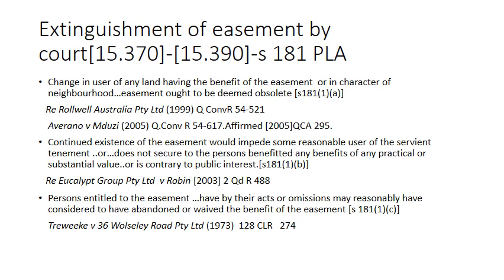So you should have a look at section 181, because it also refers to another factor, and that is that in these cases money will be an adequate compensation for the loss or disadvantage that any person will suffer by extinguishment of the easement.